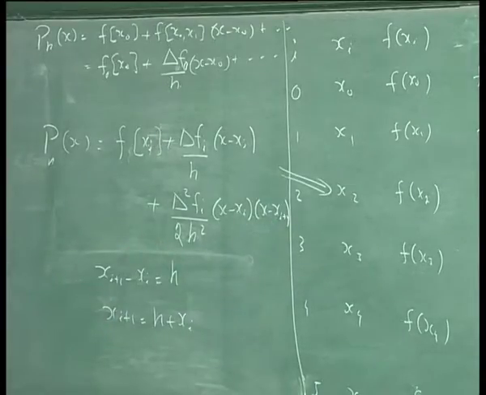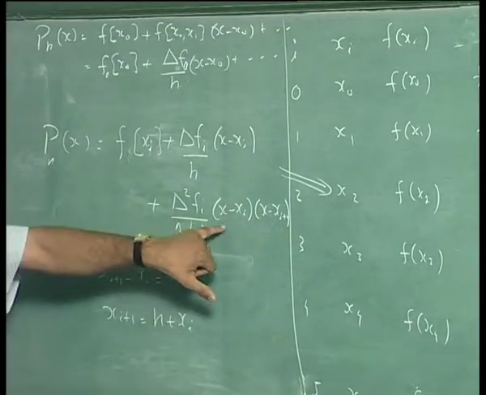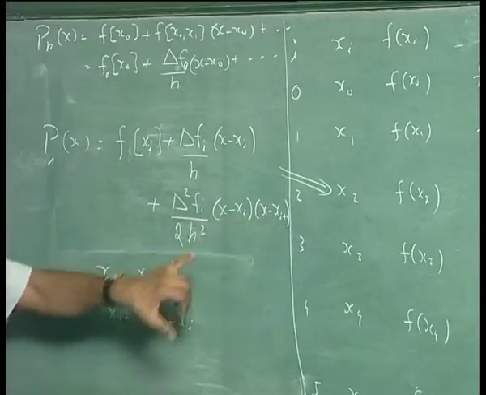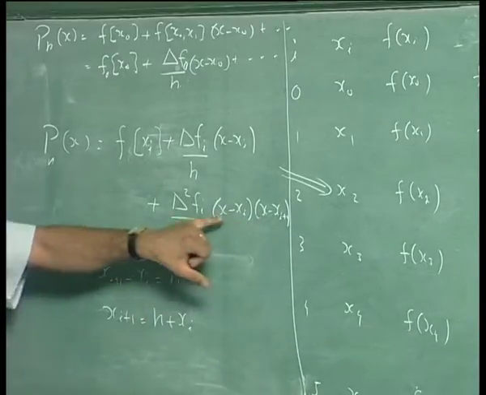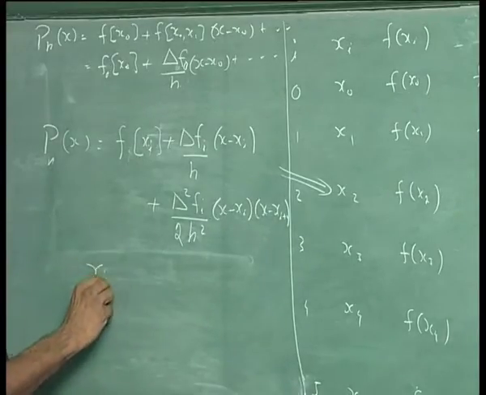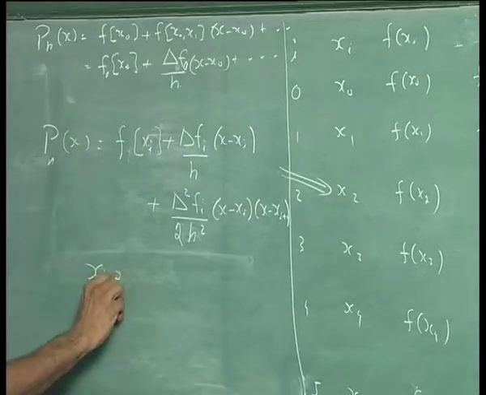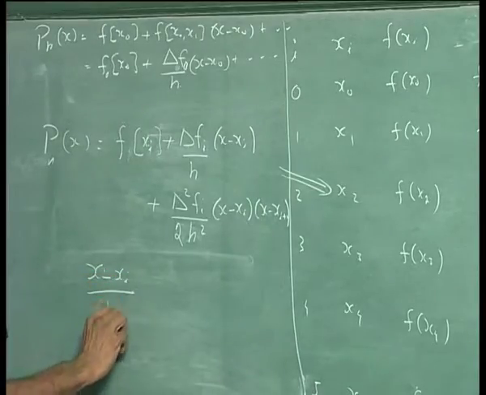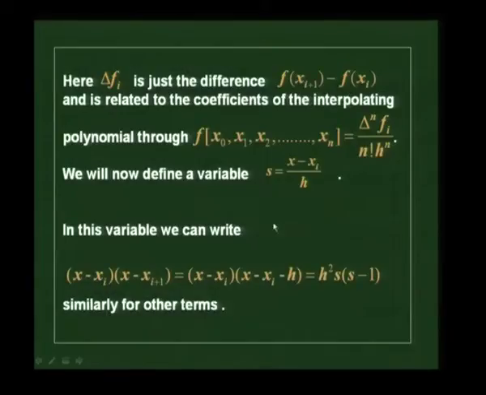We can write everything in terms of x minus xi, because all these points are equidistant. We define a new variable, x minus xi divided by h, as s, which we saw in the equidistant form in the polynomial interpolation.